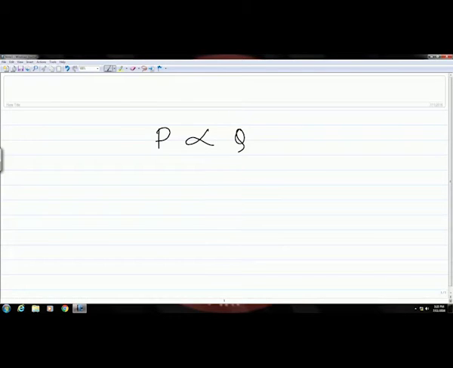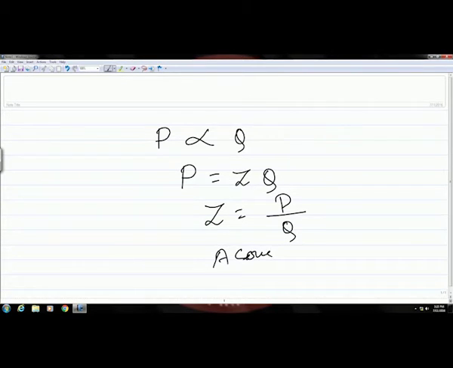Higher the P, higher will be the movement between the atoms. Now, if you introduce this proportionality constant, then you can write it in this fashion, and this parameter Z, which is P by q, is known as acoustic impedance. This is nothing but the total resistance to the movement of sound waves through a particular medium.